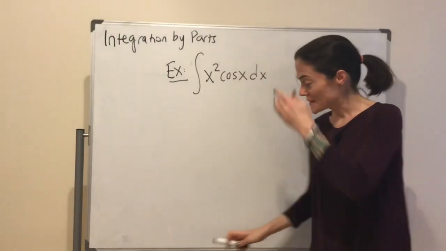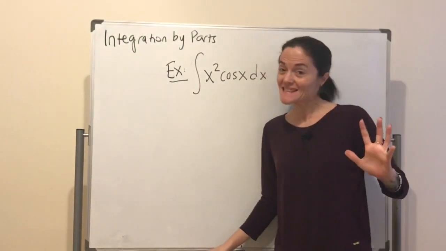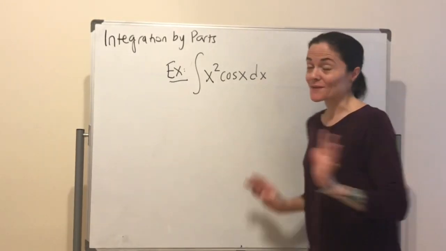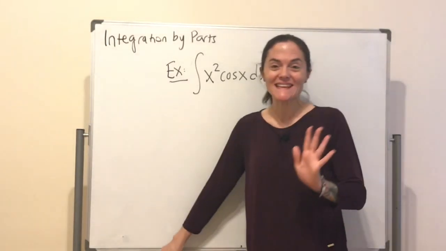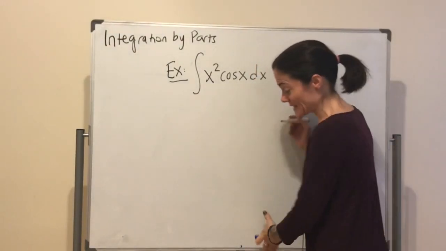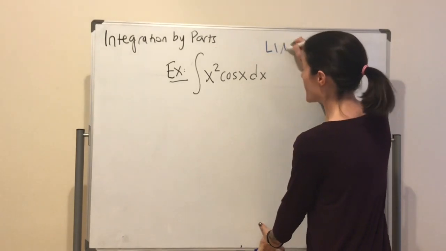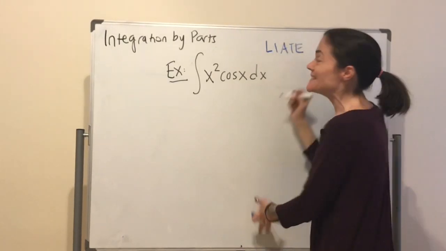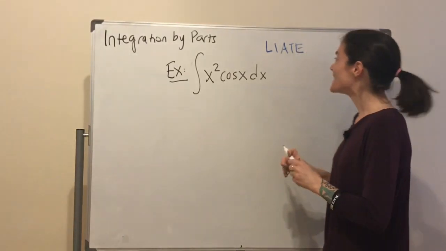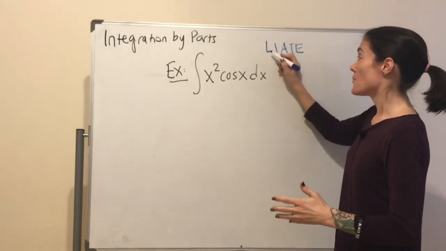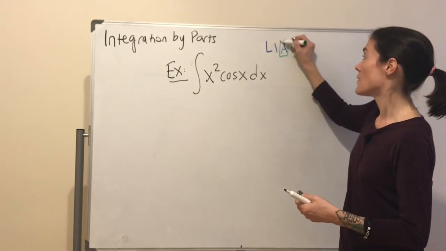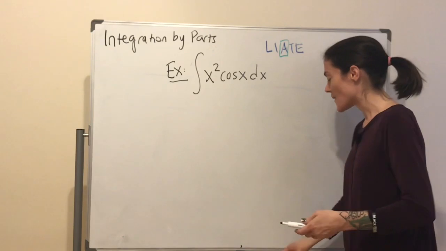Now let's do this one, which is going to be exciting. It's the integral of x squared cosine x. I give myself a little bit more space, as we will see in a moment that we need. Well, it begins looking just like any other one that we have done so far. We see a product. It's not an obvious substitution. And if we go in order, there's no log, no inverse trig, but we have algebraic, which is the x squared.